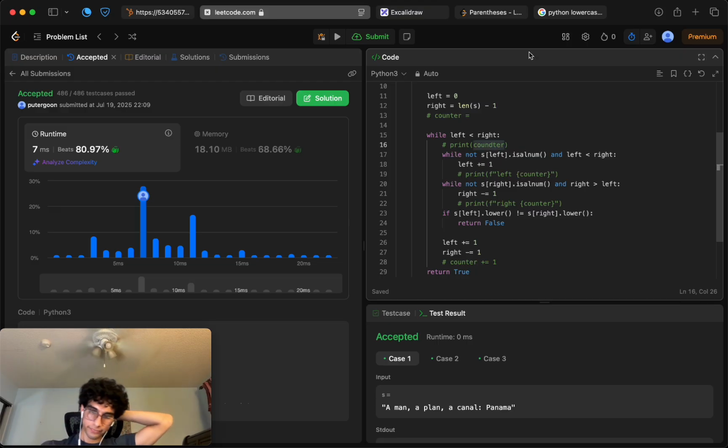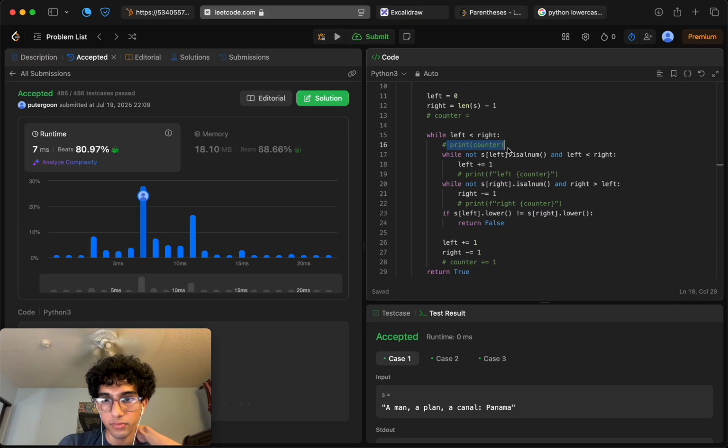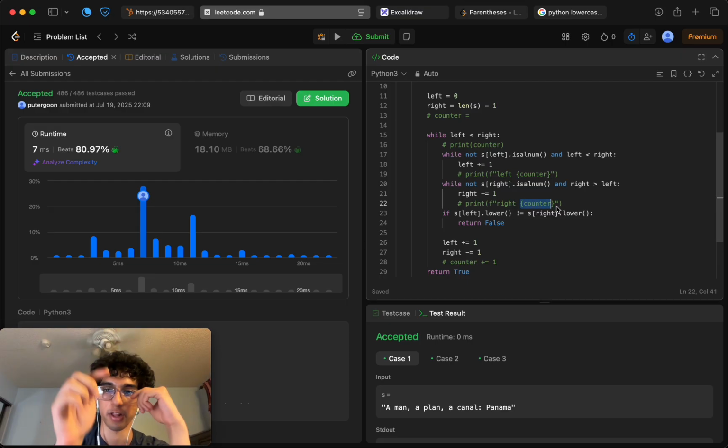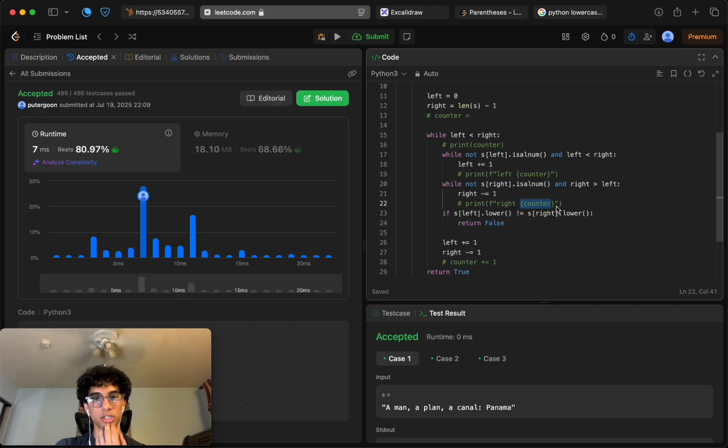Like a total iteration number, and print left, which I did, but I should have included the letter left was on as well, and the letter right was on. The counter was helpful, but it was still annoying having to match where exactly this was. With a little more information, I probably would have figured it out faster.